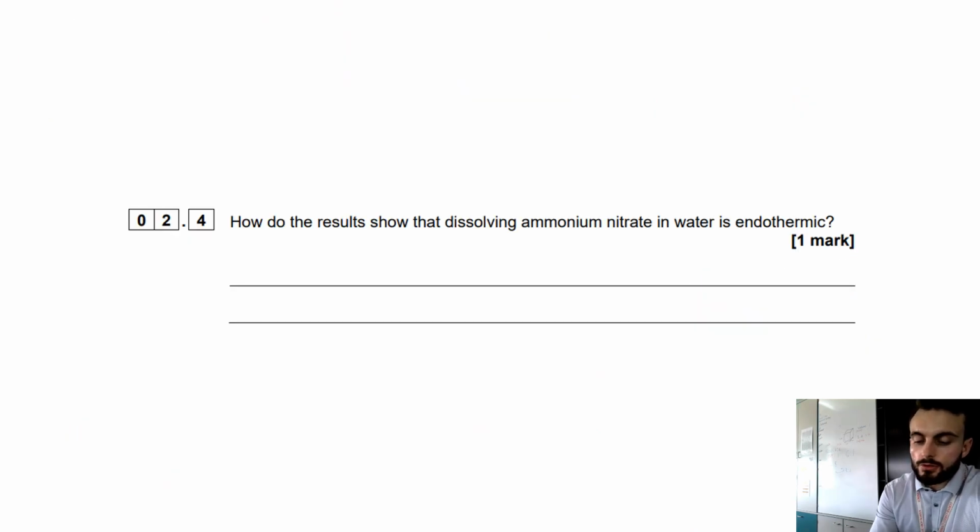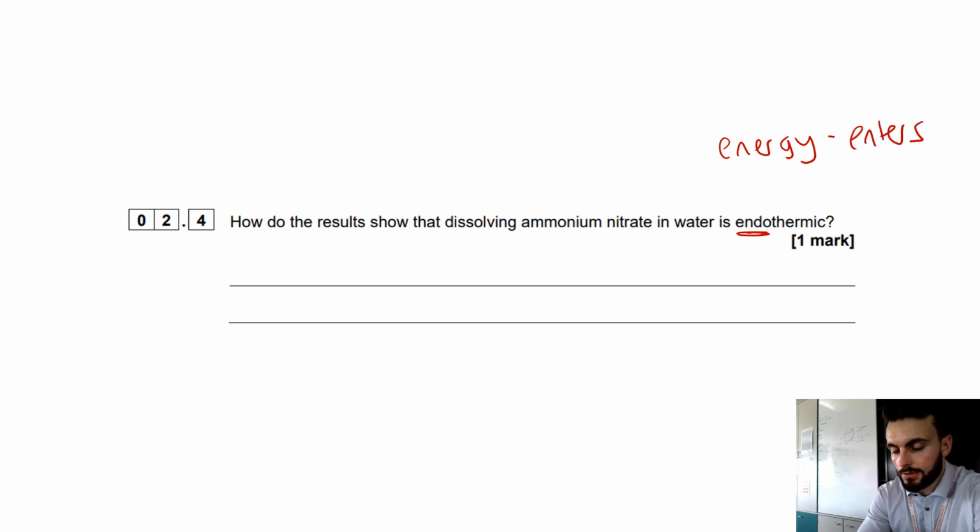How do the results show that dissolving ammonium nitrate in water is endothermic? Endothermic, we're talking about energy. It says endo, so we're talking about energy entering the reaction. When the energy is entering the reaction, that's absorbed from the surroundings. We feel that as cold. How do we know that it's endothermic?